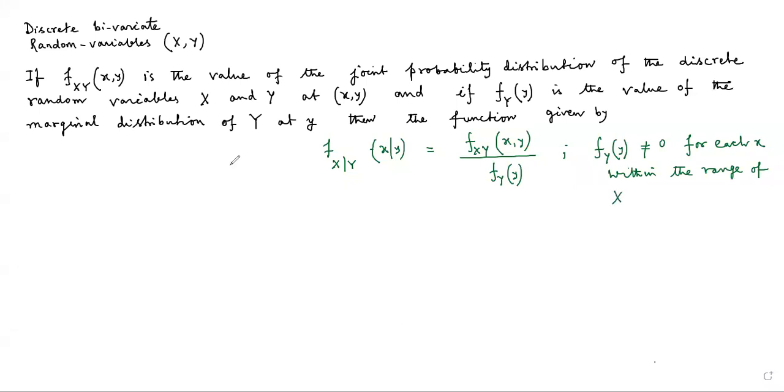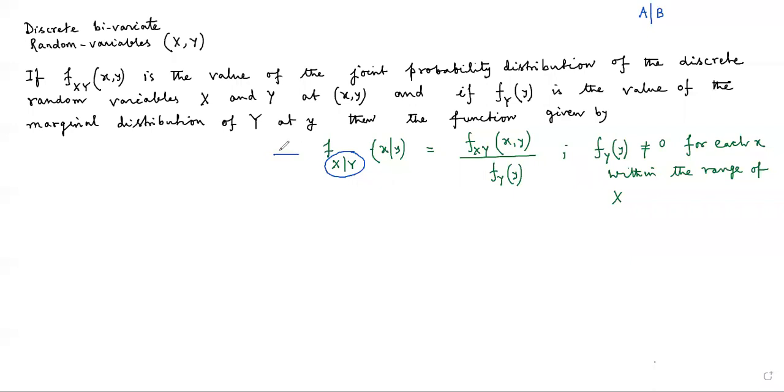This is the definition. I hope that you can recognize this particular symbol that I have used over here. The symbol stands for the conditional event: as we consider two events, capital A and capital B, the conditional event is denoted by A given that B has happened.